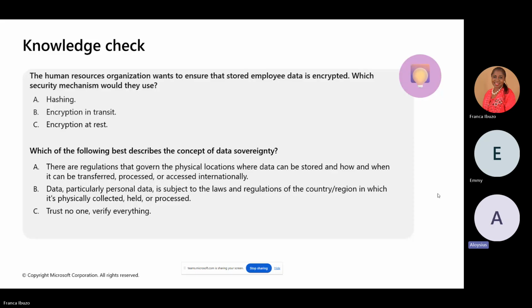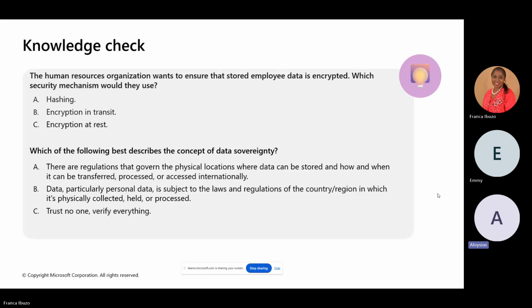Why? Because A gives a clearer explanation than B. In A, it tells you that a particular region or location gives you the regulation on how to manage this data, where to process it and how.